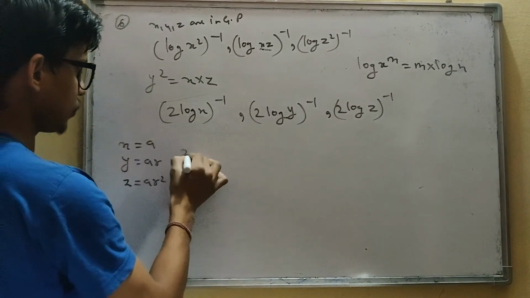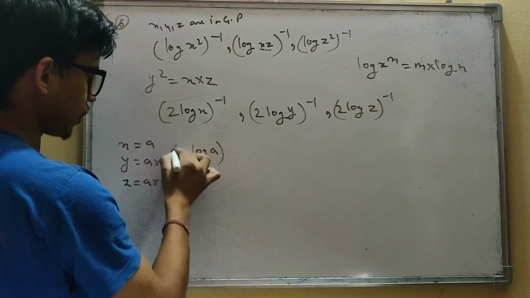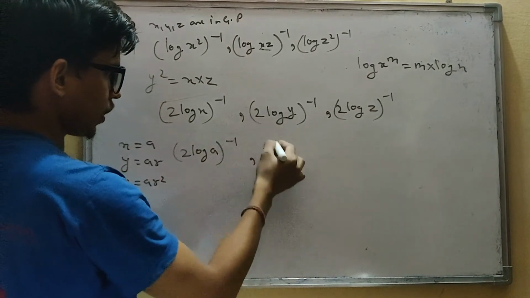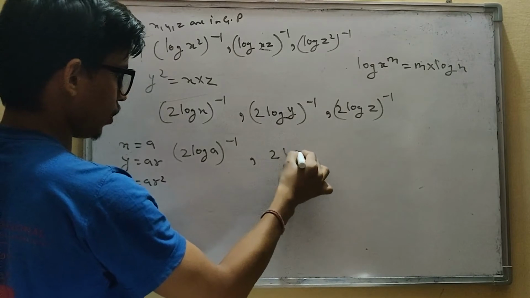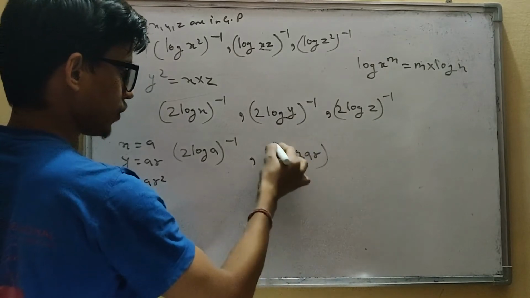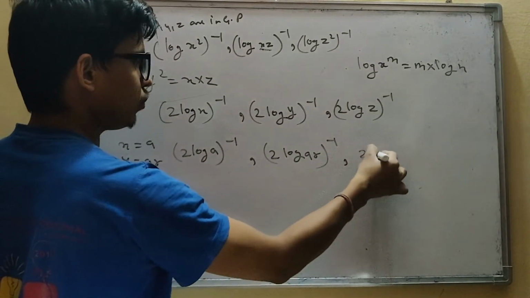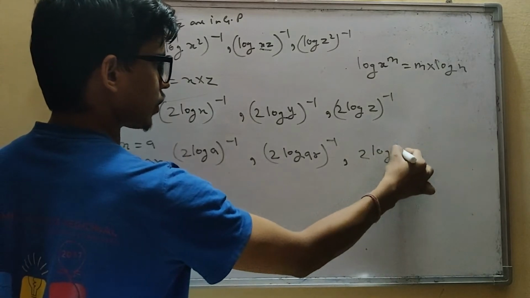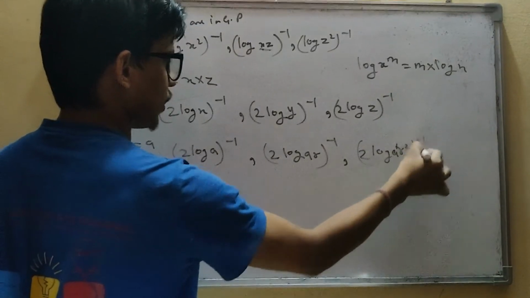Let's substitute the values. So 2 log a to the power minus 1, and 2 log ar to the power minus 1, and 2 log ar square to the power minus 1.